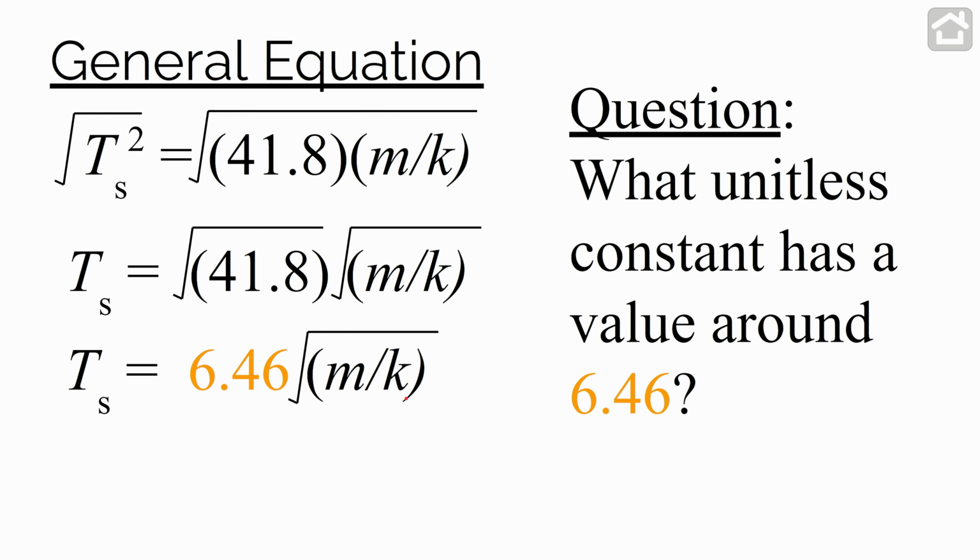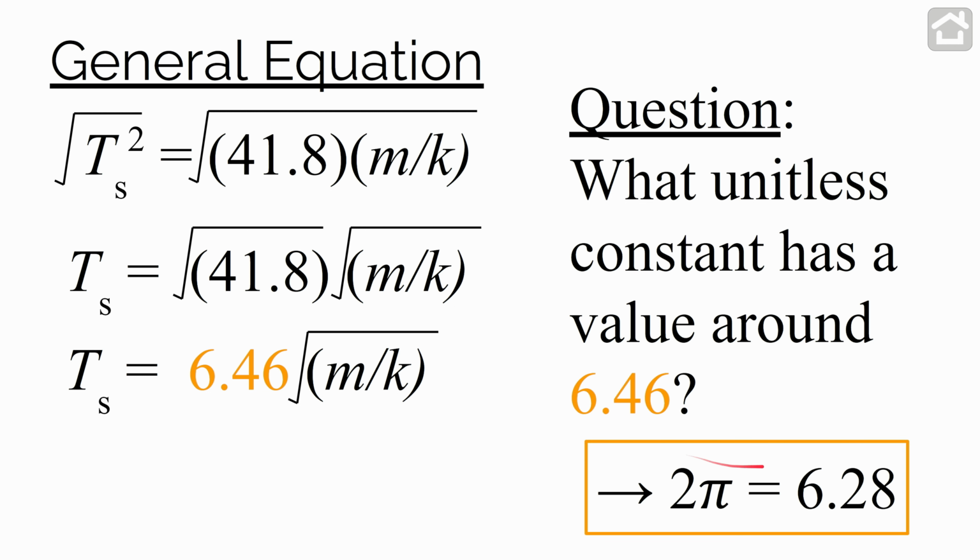So here's the question: can we take it any further? What unitless constant has a value around 6.46, or what unitless constant is there that this is a multiple of? Well, 6.46 is awfully close to 6.28. And what is 6.28? That's 2 times 3.14, or about 2 times pi.